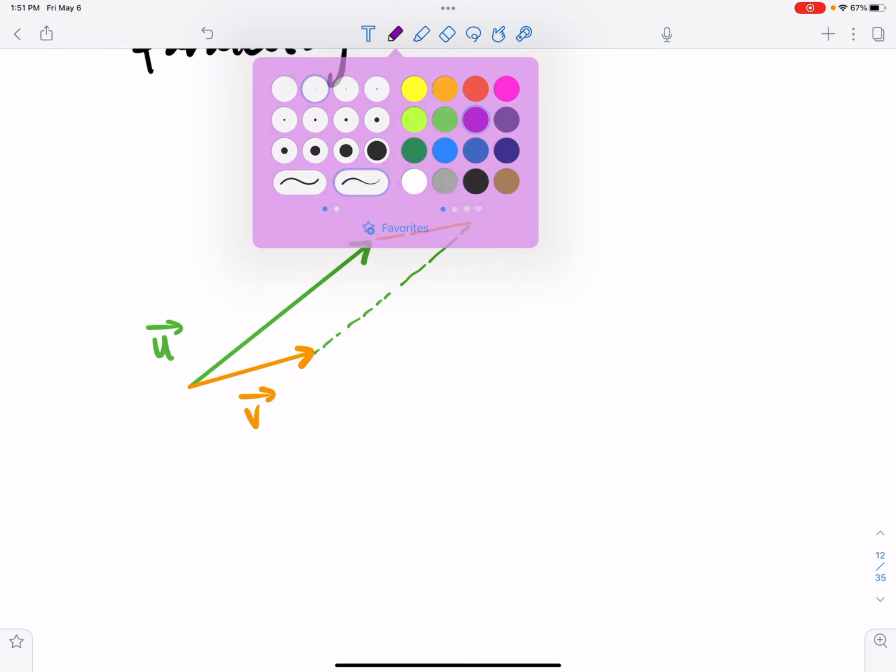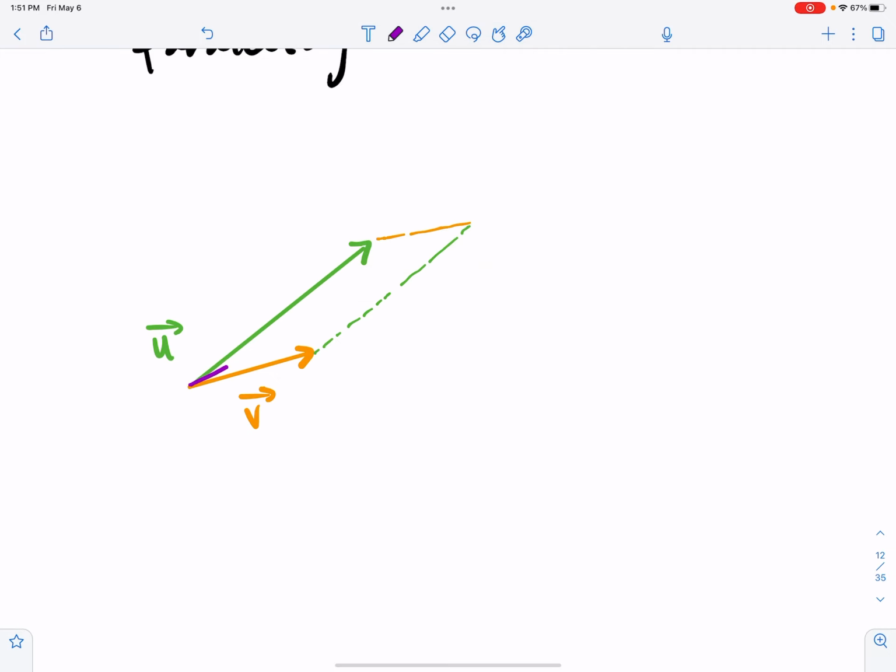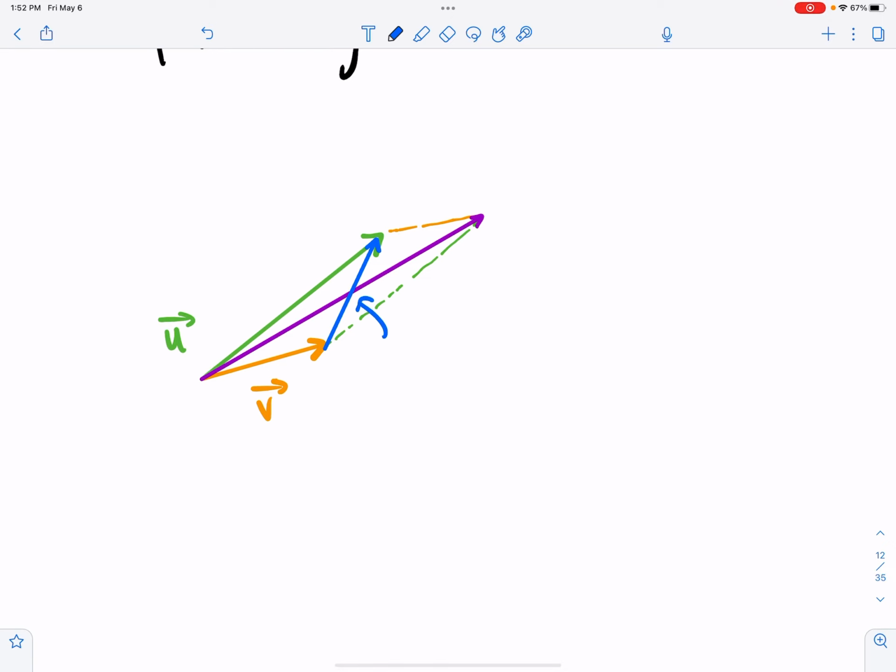Now, this ended up being the resultant vector from adding u and v together. Subtracting ends up being the other diagonal. So this would end up being the vector u minus vector v.